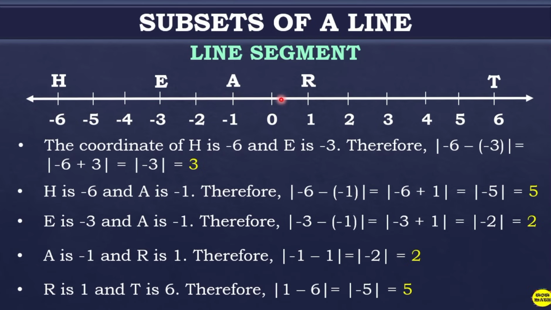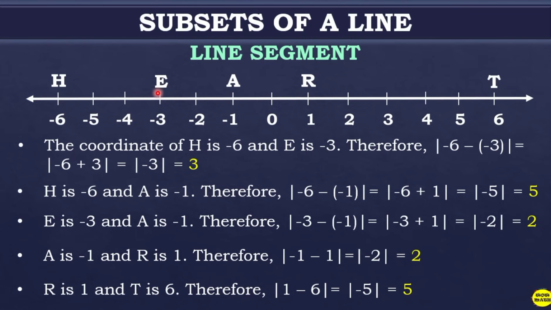And R, so the coordinate of R is 1 and T is 6. So 1 minus 6, that is negative 5. And the absolute value of negative 5 is 5. Okay. So these are the measures of the line segments given by the figure.